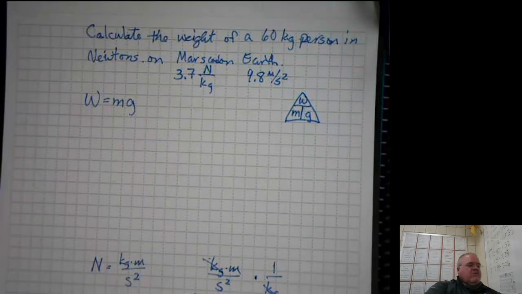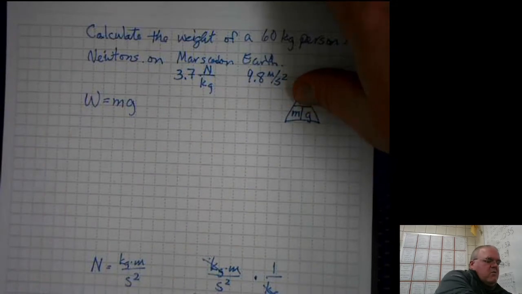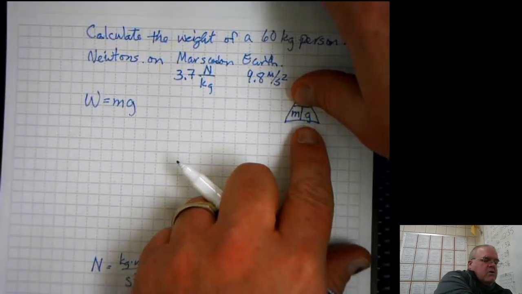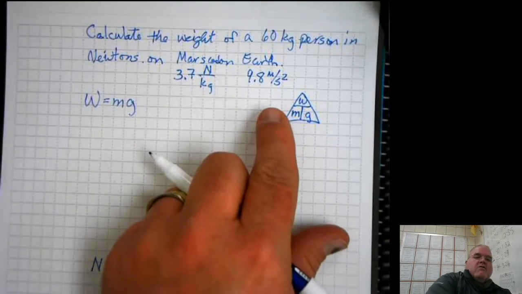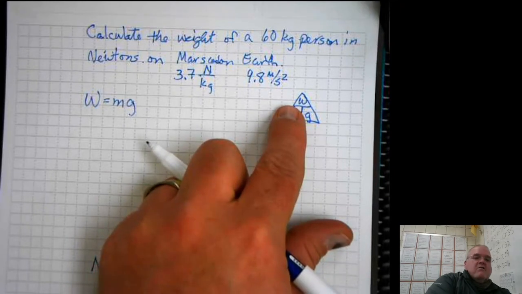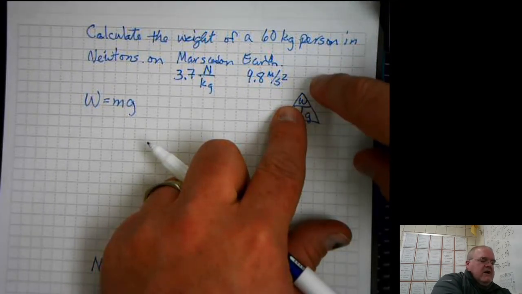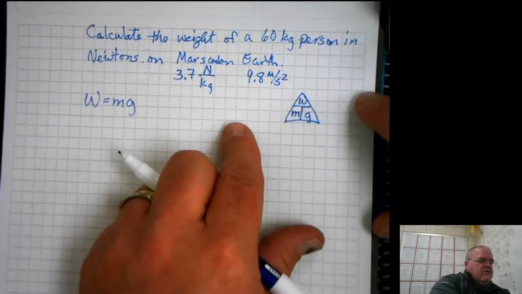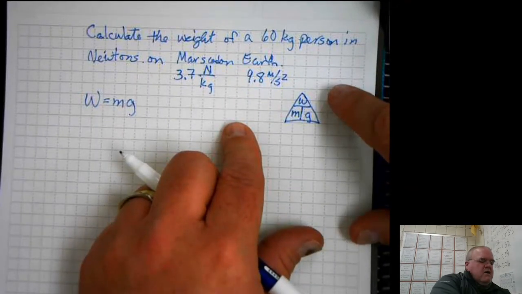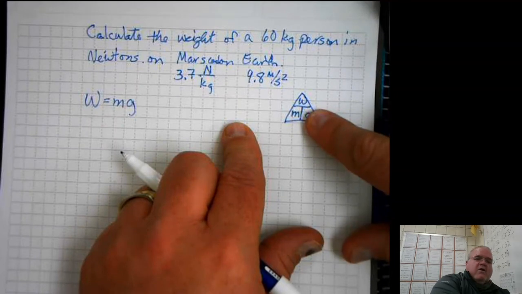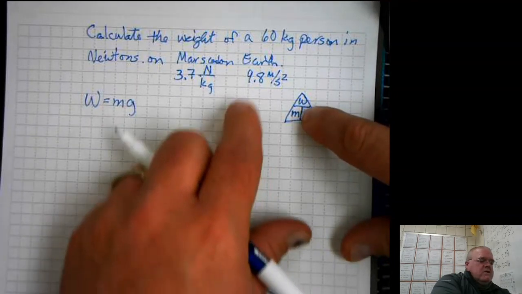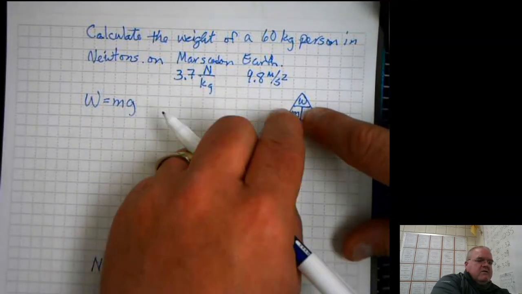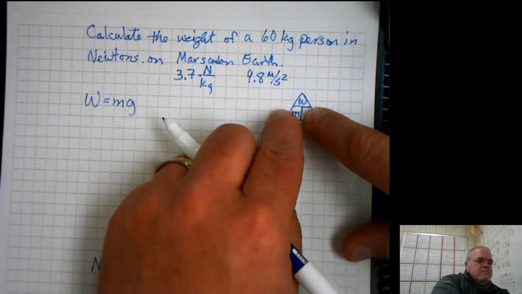If we're solving for weight, we cover up weight, we have mg, so we multiply. If we're solving for mass, we cover up m, and we've got w divided by g. And if we're solving for g, the acceleration due to gravity, we do weight divided by mass, newtons divided by kilograms.